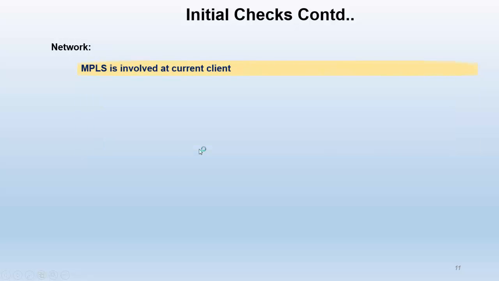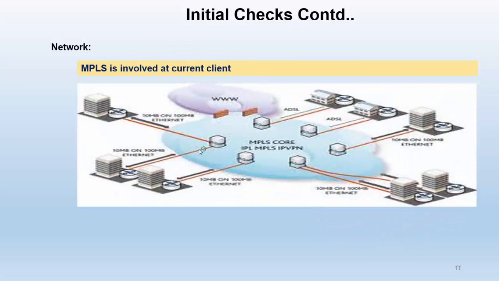and look at the network, how the network. So the current client was, it still is in an MPLS environment, and MPLS has been defined as a cloud network, so to speak.